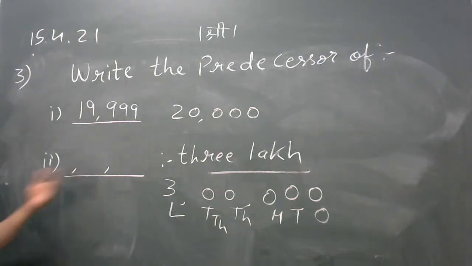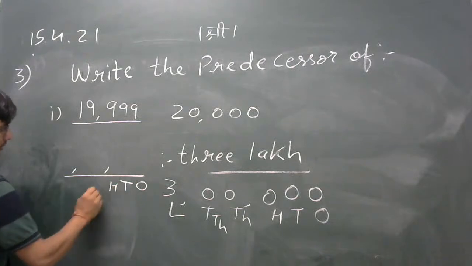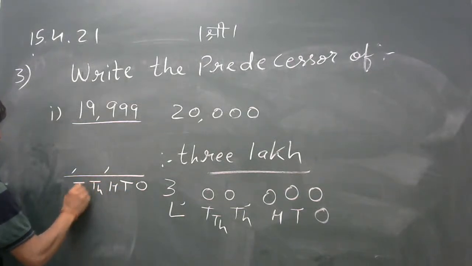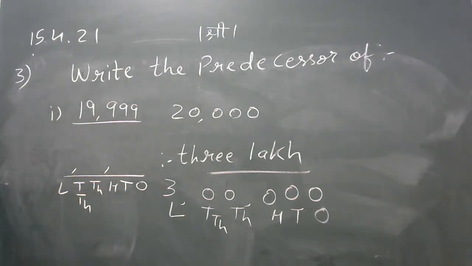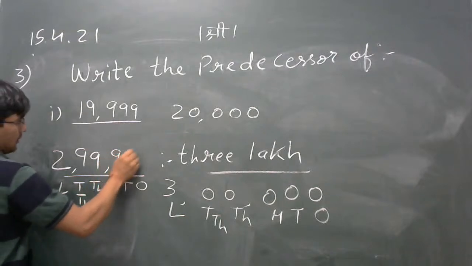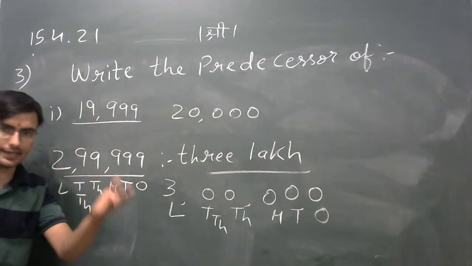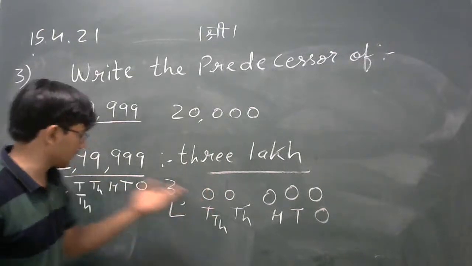And then after 2 places. So ones, tens, hundred, thousand, 10,000, lakh. Who comes just before 3 lakh? 2 lakh, 99,999. So please put the comma when you are writing in the Indian or international place value system.